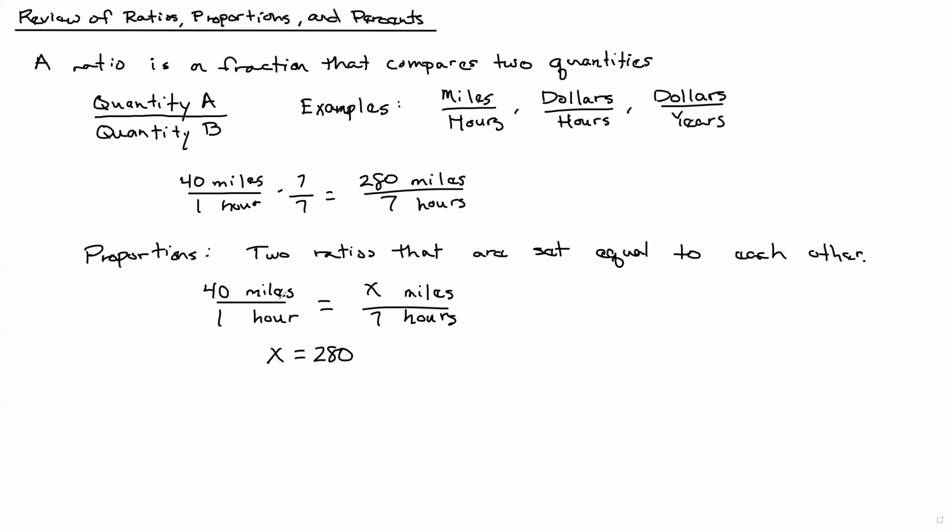So that gives us a quick little background on ratios and proportions. We're going to do percents in a bit, but first, to work our way up to percents, we want to talk about ratios.